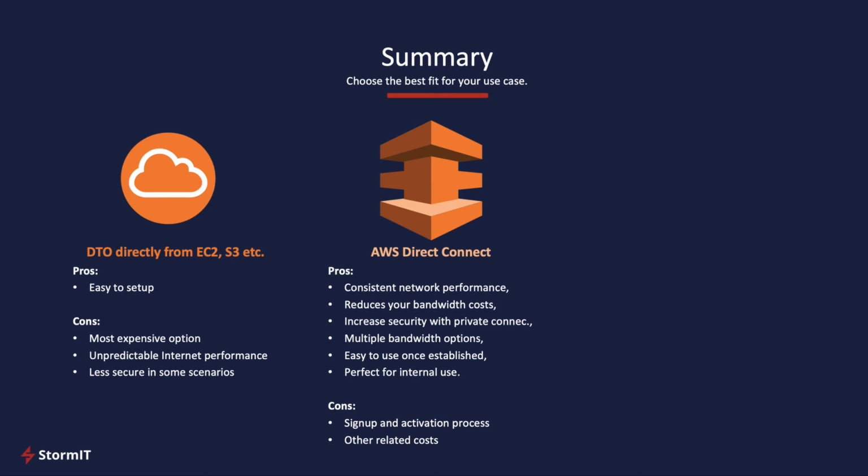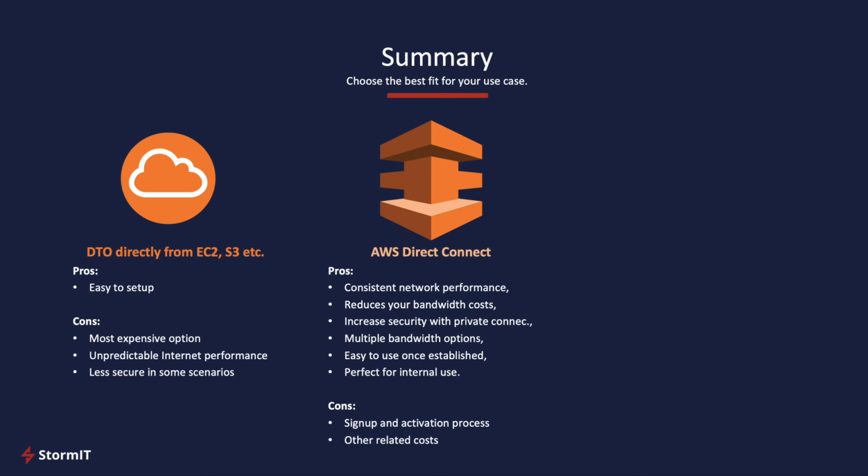AWS Direct Connect. It's an ideal solution for establishing a dedicated connection to the AWS Cloud and connecting internal applications, creating a hybrid environment, or in general for use cases where the endpoint outside of AWS is defined. Among the advantages, we can mention that Direct Connect provides consistent and predictable performance. It helps reduce data transfer costs with a lower gigabyte rate.